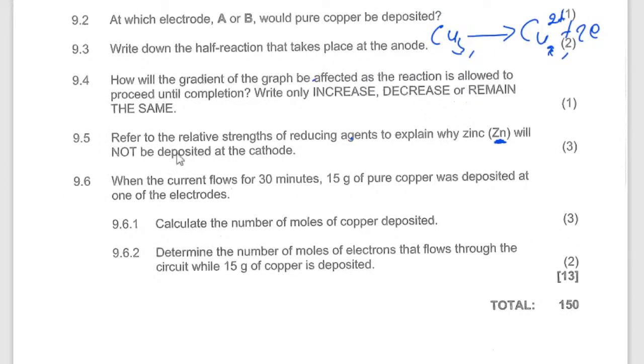In this case, you see that zinc is a stronger reducing agent than copper, meaning that the zinc will be oxidized, and then gives these electrons to copper so that it reduces what? Copper. That's why you're saying that zinc is a strong reducing agent, for it is oxidized. Therefore, copper ion will be reduced to copper.